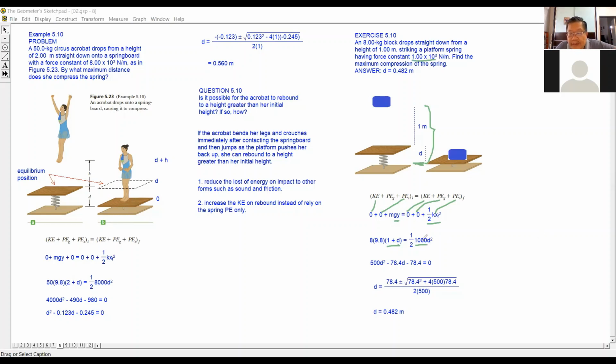Now, when you expand this equation, the 1000 and the half will give 500. So we have 500 d squared equals 9.8 times 8 times d, which is 78.4, and the other term is also 78.4.